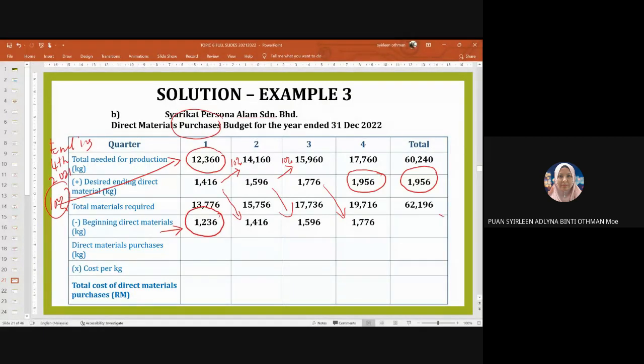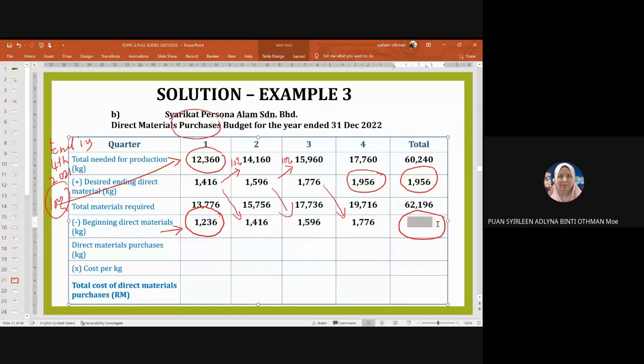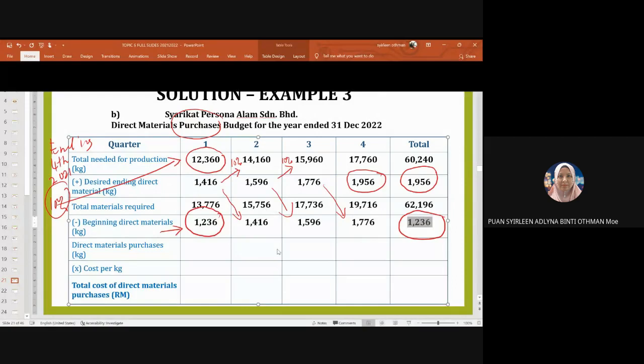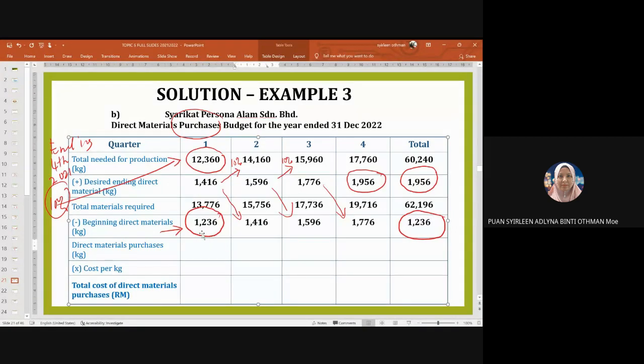Automatically dia akan jadi beginning inventory di dalam kolom total. Okay, so figure dekat sini will be 1236. Okay, so you need to be very careful. Kalau awak salah kira kolom 1 ni, automatically you akan salah kira dekat total, sorry. So akan salah semualah. Okay, alright.